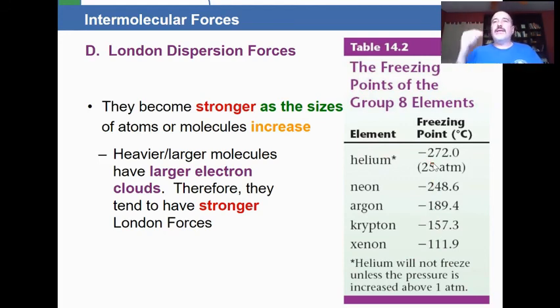But because xenon is so big, it has, I don't know, like 119 electrons around it. When they go to one side, they form a much stronger negative charge, okay? Therefore, there would be a much stronger London dispersion force. All right? So nonpolar molecules, very weak, but it gets stronger the bigger the molecule.